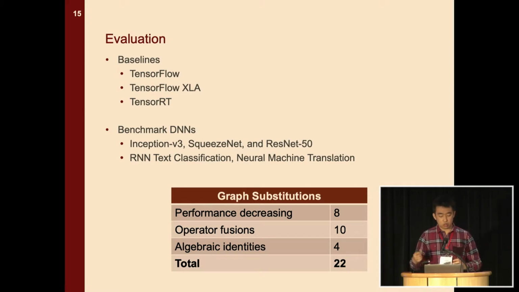And third, we consider algebraic identity transformations, such as A plus B is equal to B plus A, and A times B is equal to B times A. In total, 22 substitutions are considered in our evaluation. And because MetaFlow is pluggable, you can also add future substitutions into our search engine.